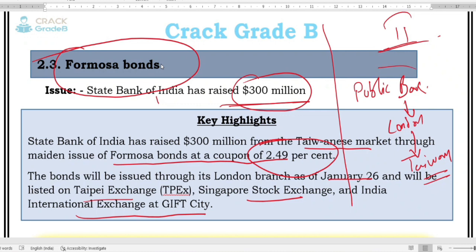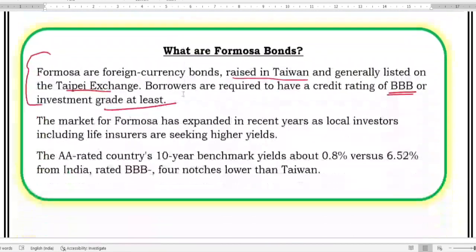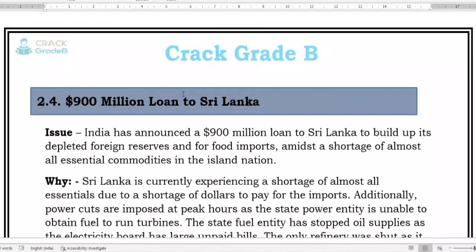So the faith in a public bank from India, in London and in Taiwan, is growing, and that's why people are investing, and that's why SBI is tapping the market of Taiwan. Got it? So this is another important part: yes, India is growing. The people of Taiwan, London and Singapore are showing rising faith towards the financial companies of India. Now, let's move forward with the other news.